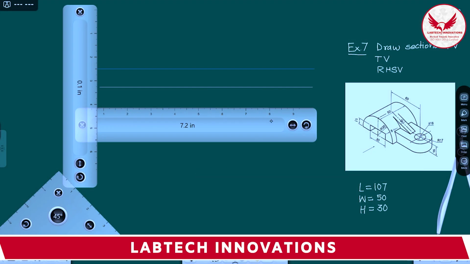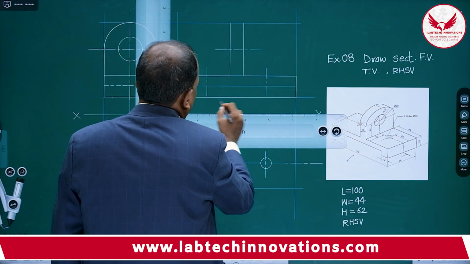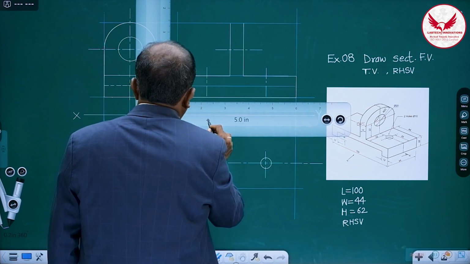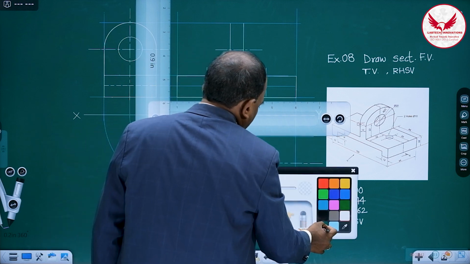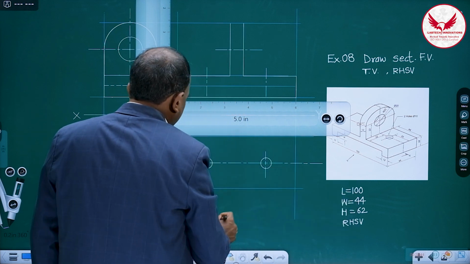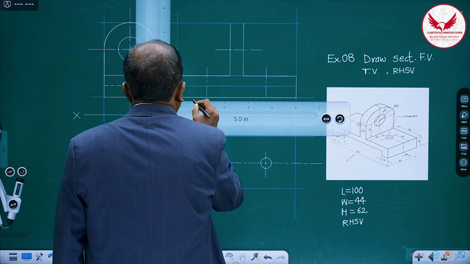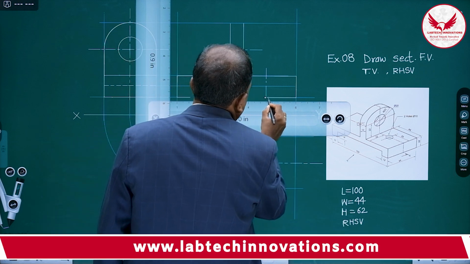Sorry, before that. The 12, 12 means there is a slot, so this line is not throughout. Then what do we have to do? We have to leave 12 on both sides, and we can erase it just by leaving 12 mm on both sides.